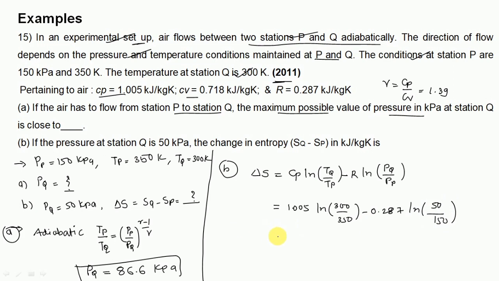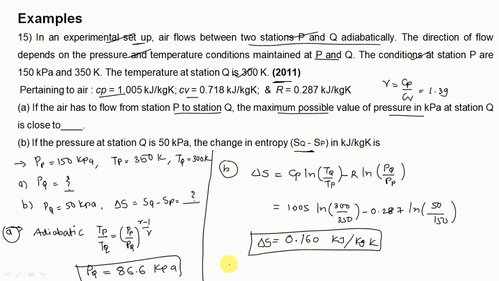If we calculate the whole equation, we get delta S as 0.160 kilojoule per kg Kelvin. So this is the value for delta S, the change in entropy S_Q minus S_P.